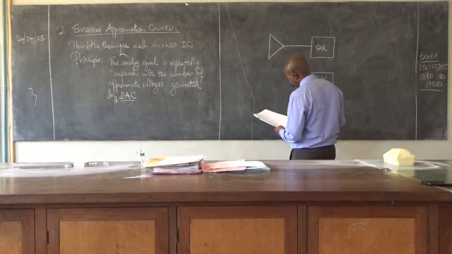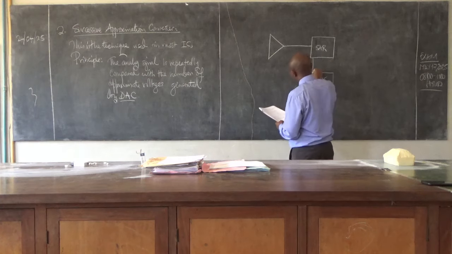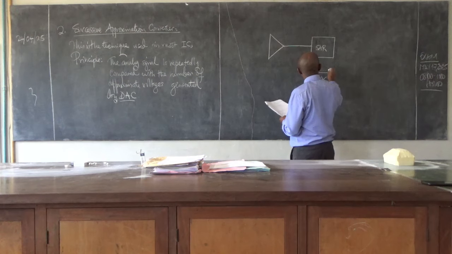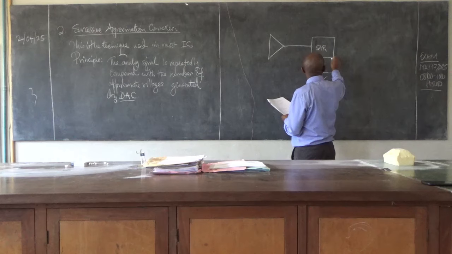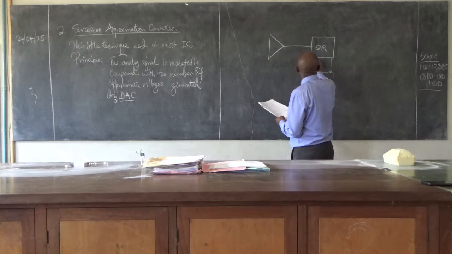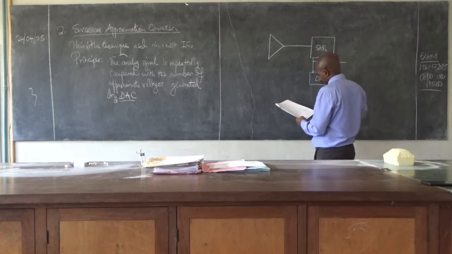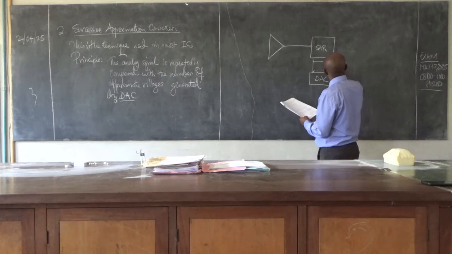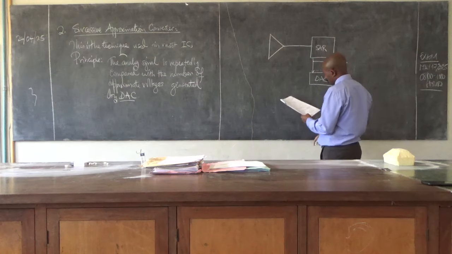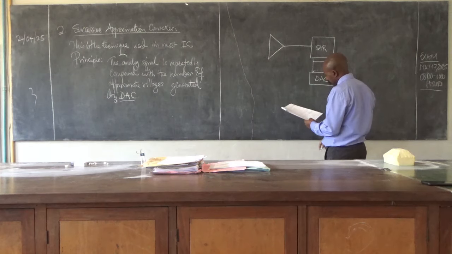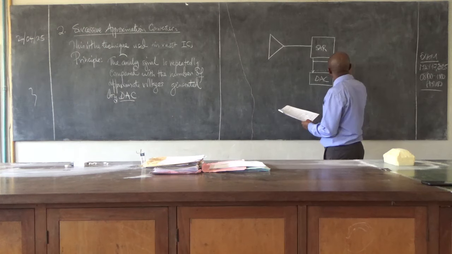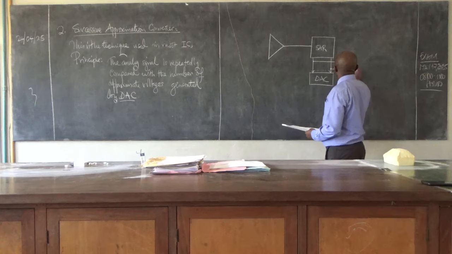It keeps giving us some values, and these values we take to the bits here, moving from B0 up to Bn.